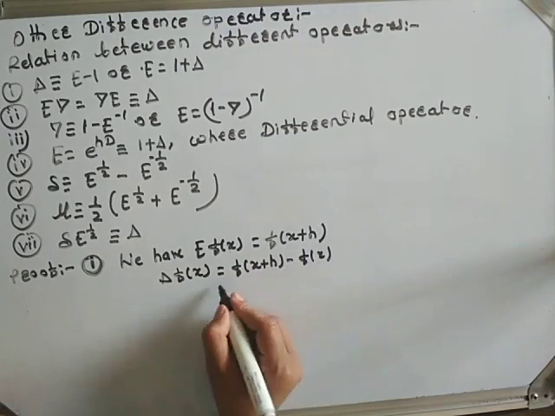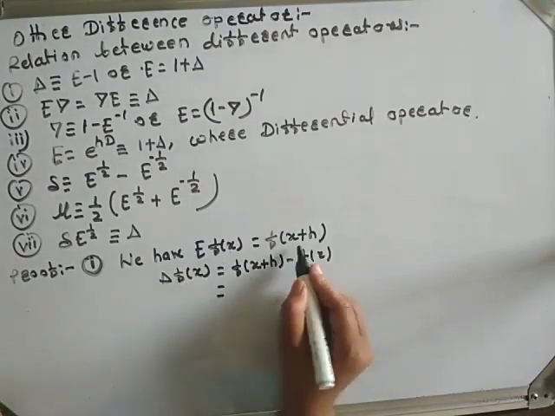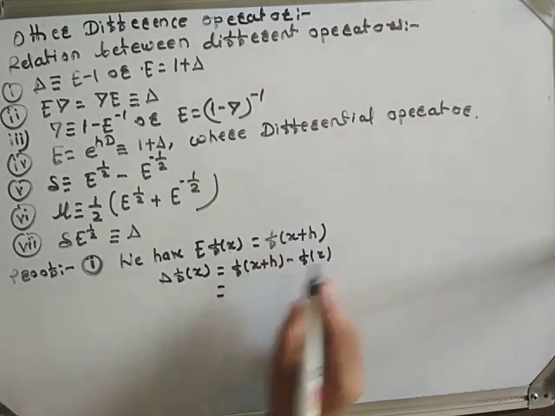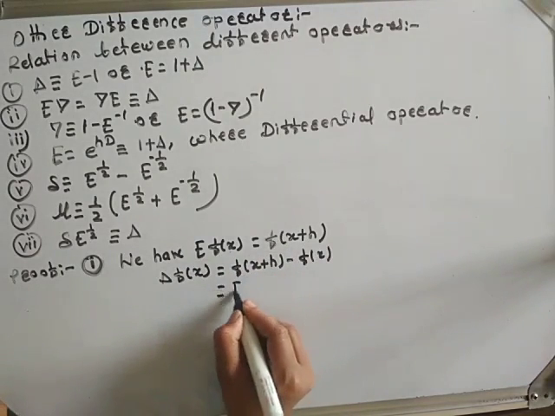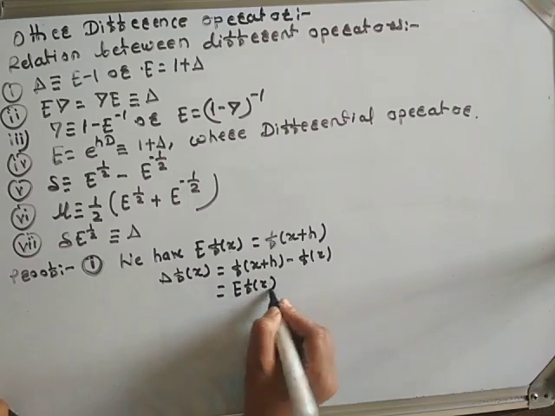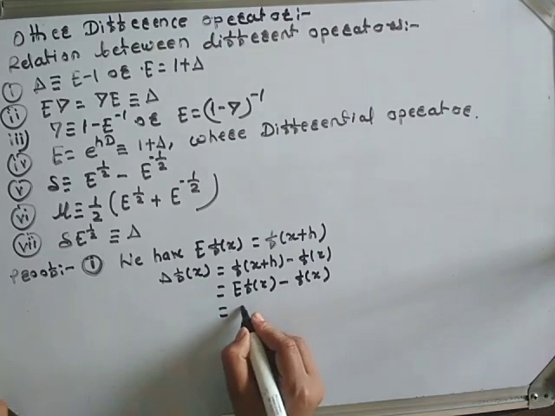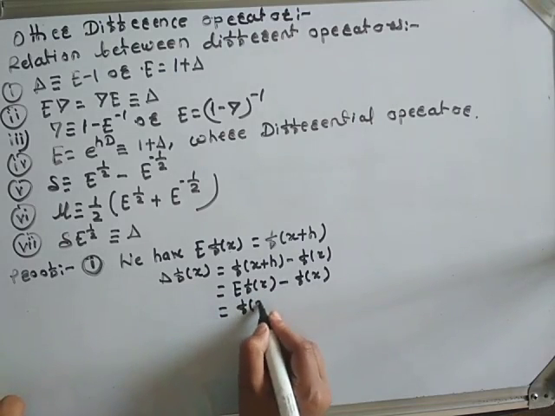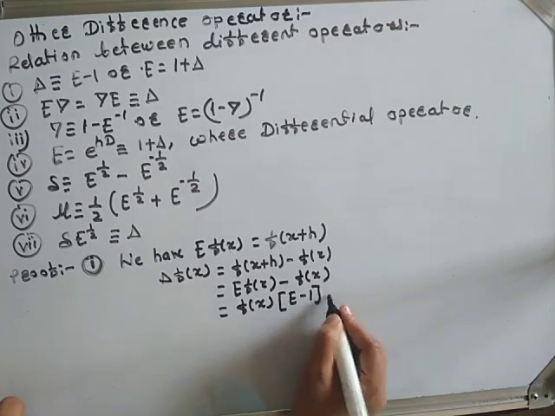Okay. Which is equal to, here E of f of x is equal to f of x plus h. So f of x plus h is equal to E of f of x minus f of x. Take f of x common, f of x into in bracket E minus 1.